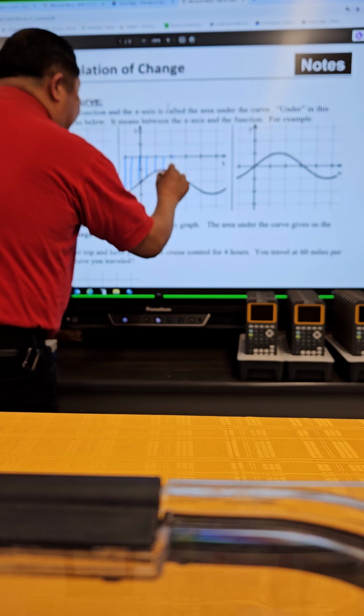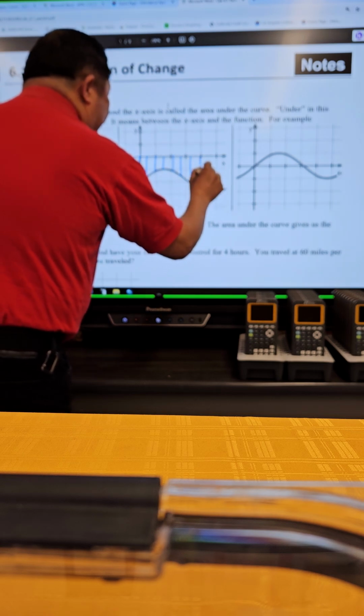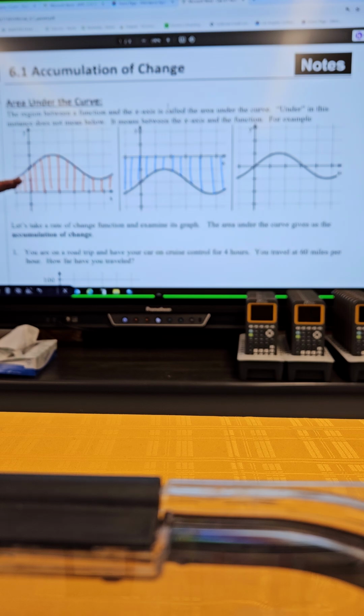Since the curve is below the x-axis. See the difference now? The area of this curve is above the x-axis, and the area of this curve is below the x-axis. How about figure 3? Figure 3 has a combination of below and above, right?